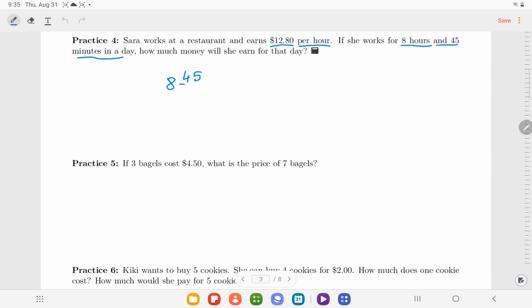Remember, there are 60 minutes in an hour, so 45 minutes per hour. So that's the time times she makes $12.80 per hour. Per 1 hour, we put the hour in the denominator so we can cancel the hours because we're looking for how much money she will get.